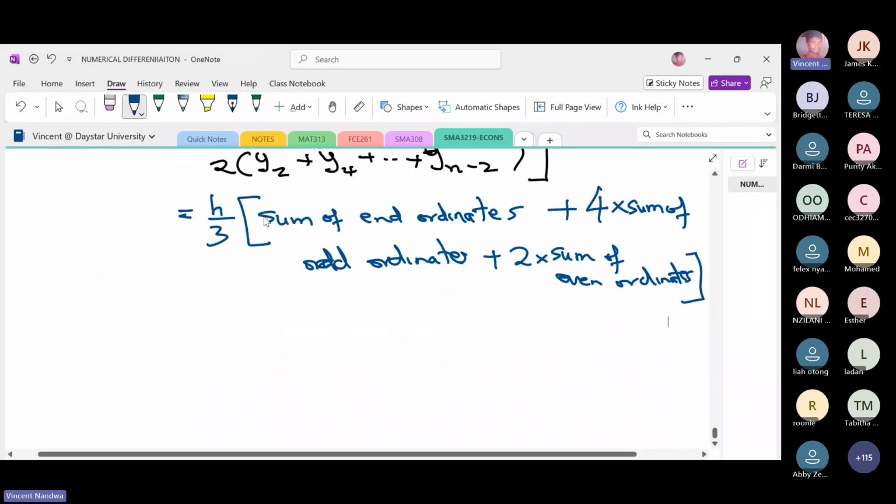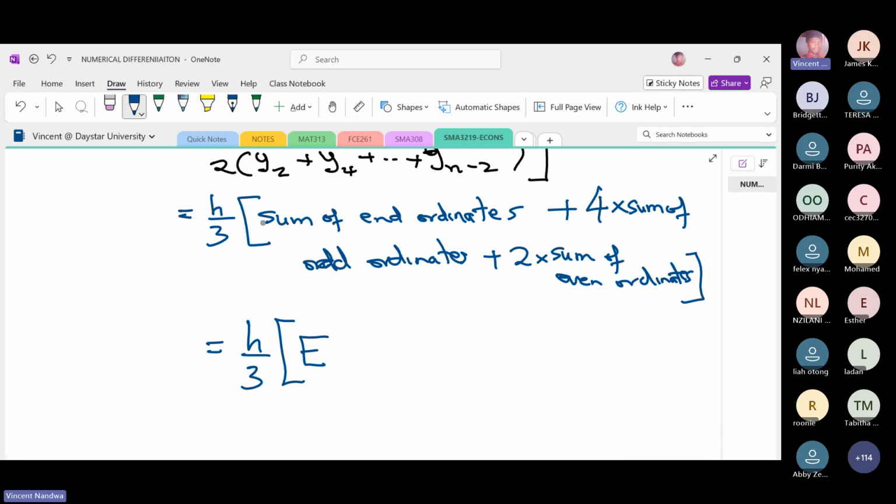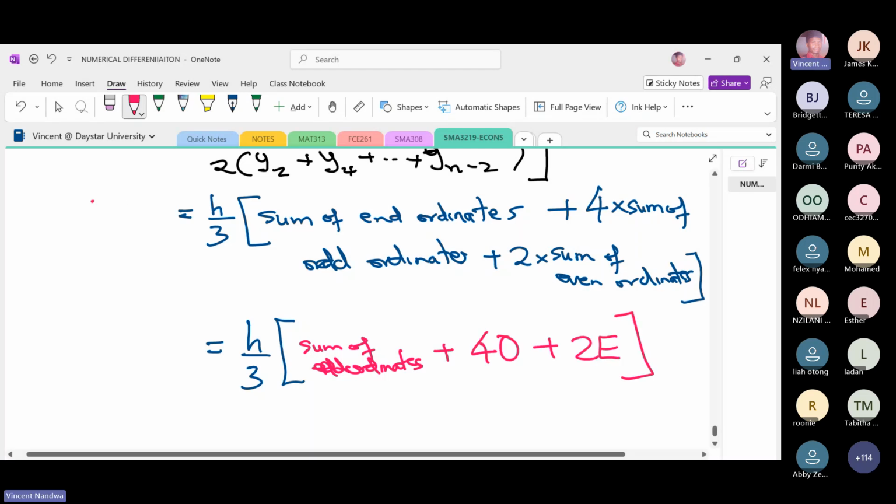So in short, someone can write Simpson's 1/3 rule as h/3 into sum of end ordinates plus 4O plus 2E, where O means odd ordinates and E means even ordinates.